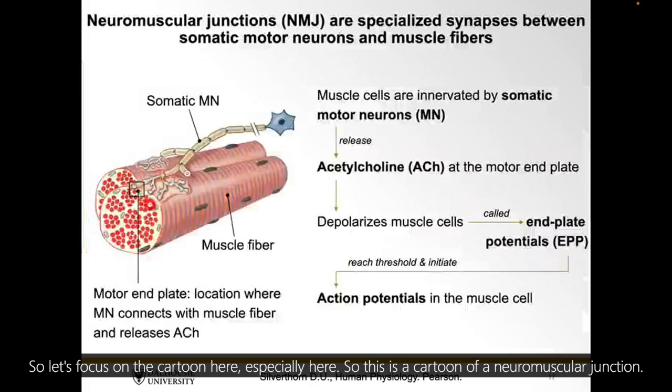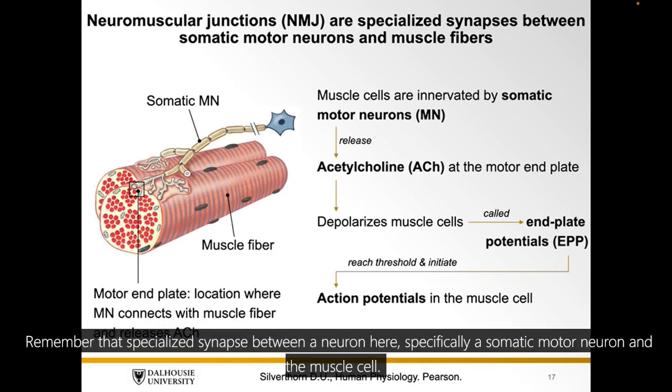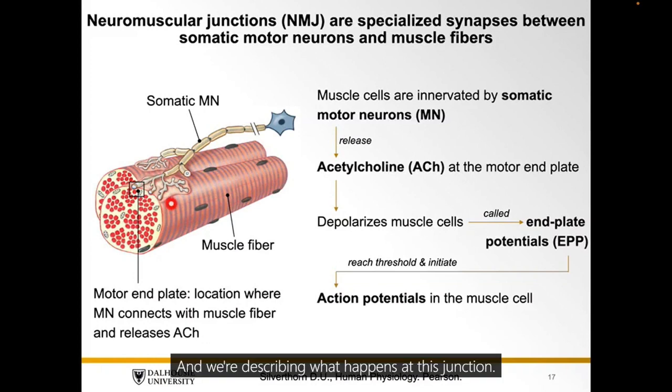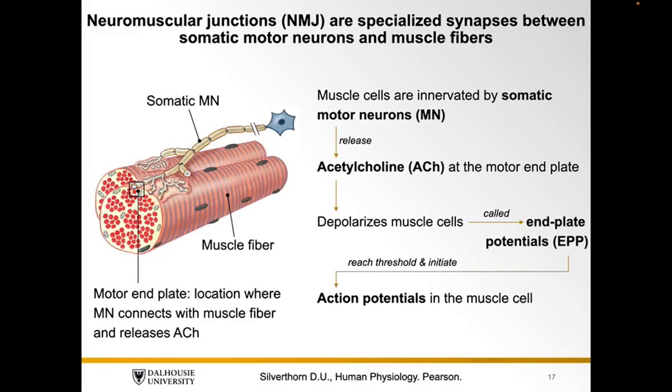So let's focus on the cartoon here, especially here. So this is a cartoon of a neuromuscular junction. Remember that specialized synapse between a neuron here, specifically a somatic motor neuron, and the muscle cell. And we're describing what happens at this junction.